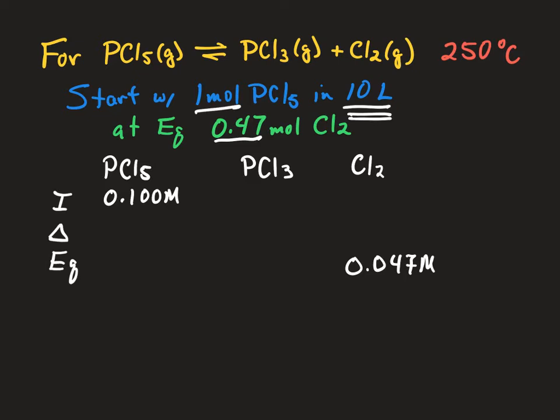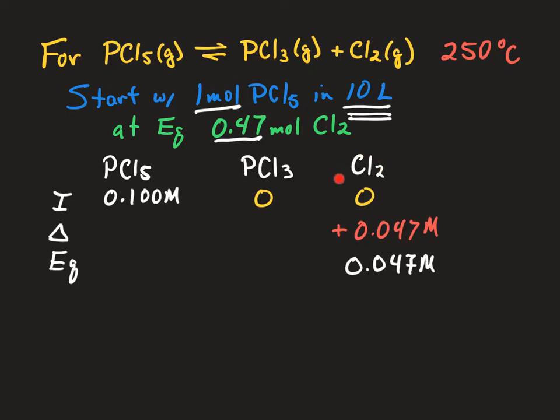So if we started at 0 of those, which it didn't tell us that we put in anything but that, now we know that what has to go in here is plus 0.047 molar. It had to go up that much.